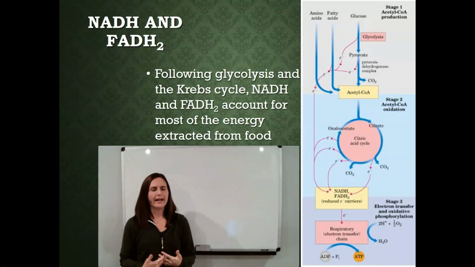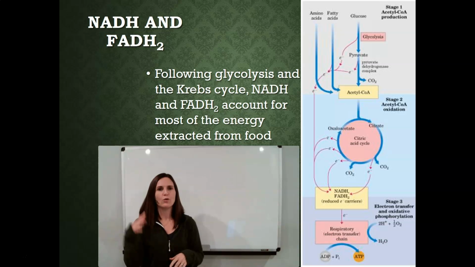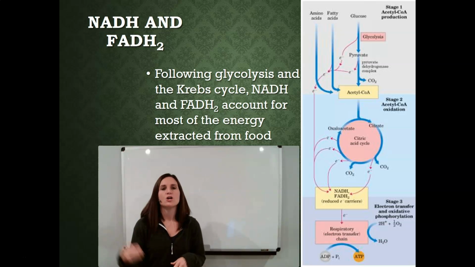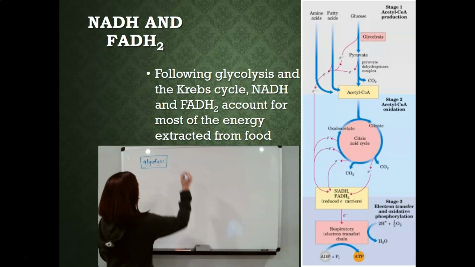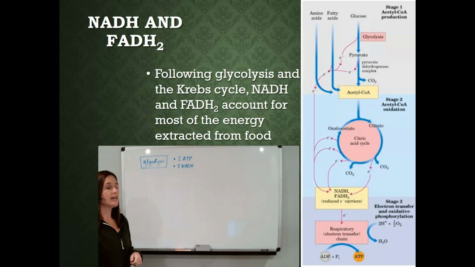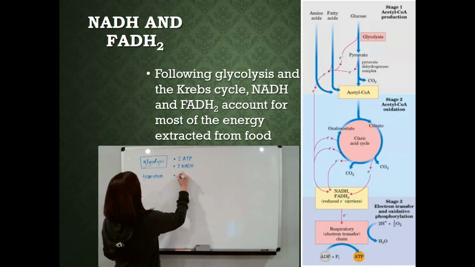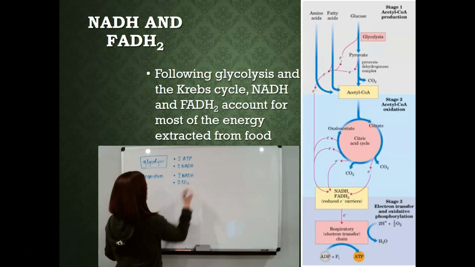So at this point, I hope you're thinking, well, what is the point of all of this? Because that's what I'm thinking. So let's go back over what we've made so far during all of this process. During glycolysis, we made 2 ATPs and 2 NADHs. In the transition, we made 2 more NADHs and 2 CO2s.